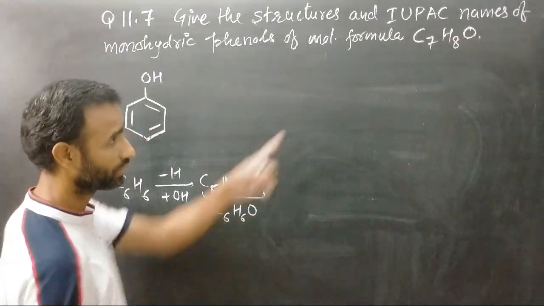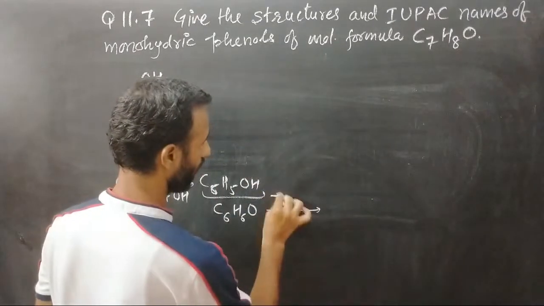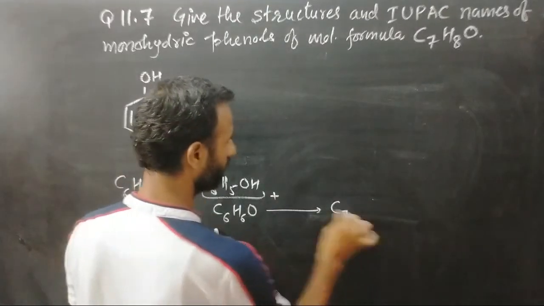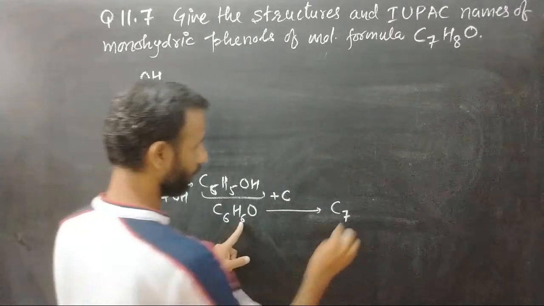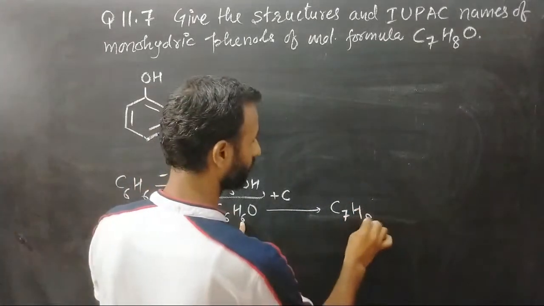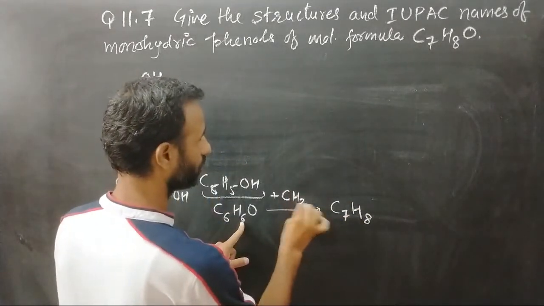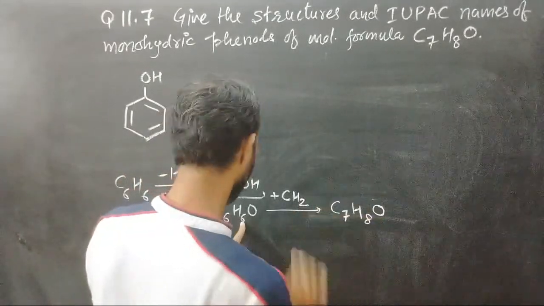So what is left? We have to add to become C7. One carbon is there, C7H8, so CH2. Okay.